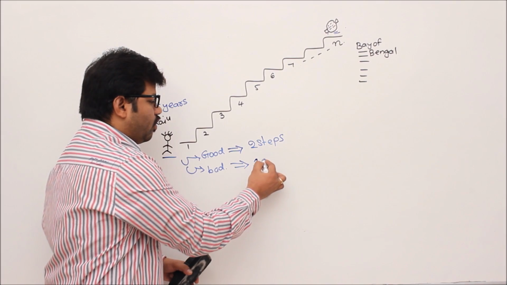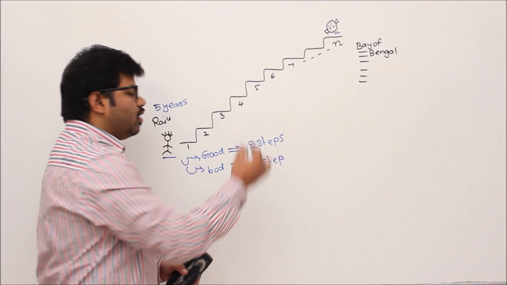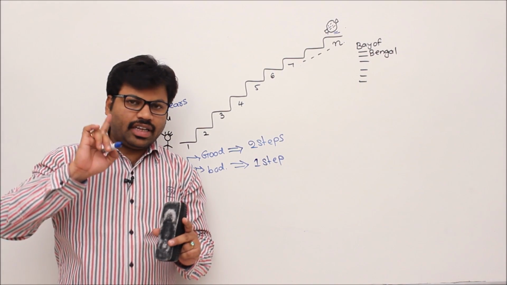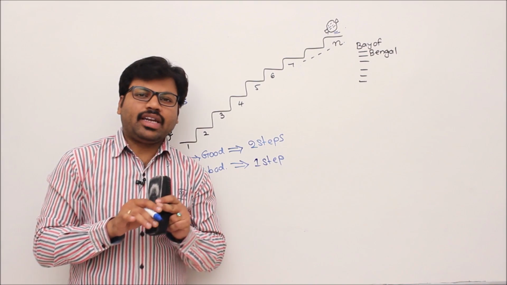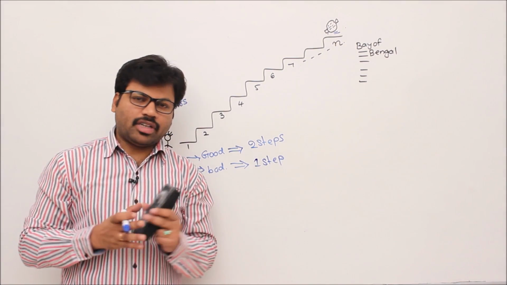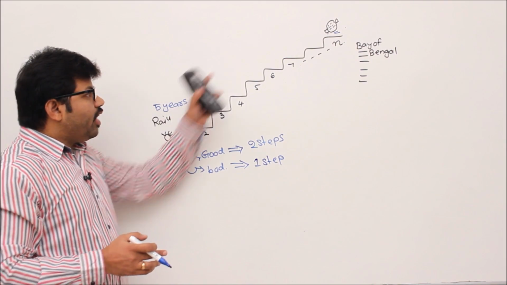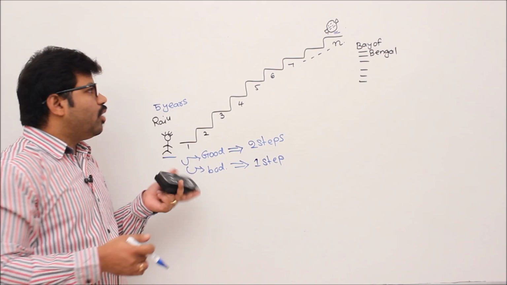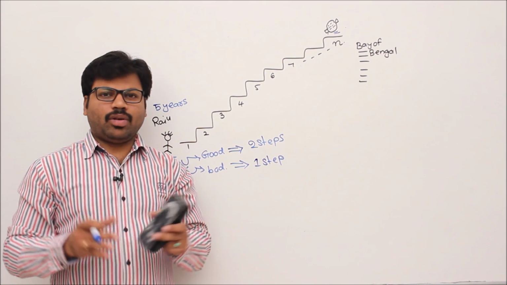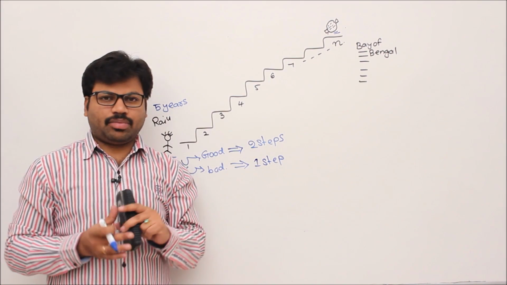That's why he takes only 1 step. Now, whether he is in good mood or bad mood is completely random. Anything is possible at any time. So then how many different ways he can go from step number 1 to step number n is the problem. Finally, he has to reach that nth step.